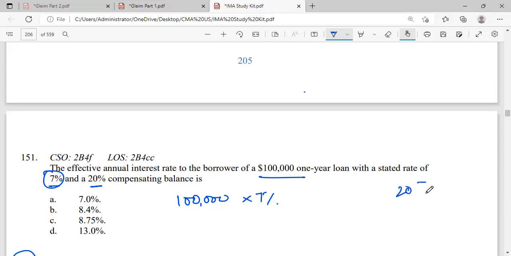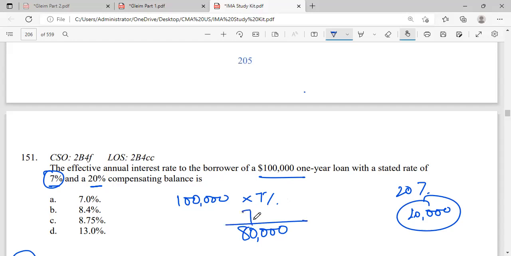Compensating balance is 20%. 20% of 100,000 is 20,000. So you would be having how much balance? Basically, you are having 80,000 only, because 20,000 you're going to keep it as a compensating balance. 80,000 you have, and 7,000 is the interest which you are paying.